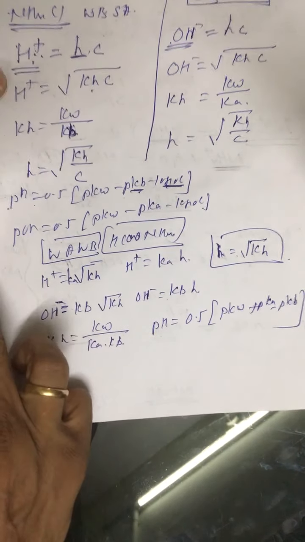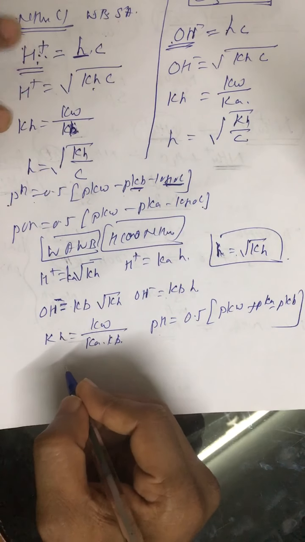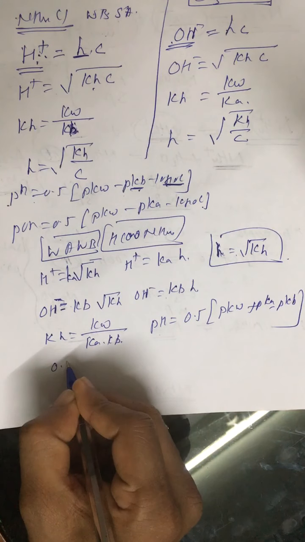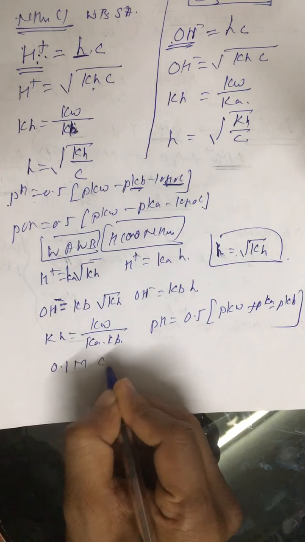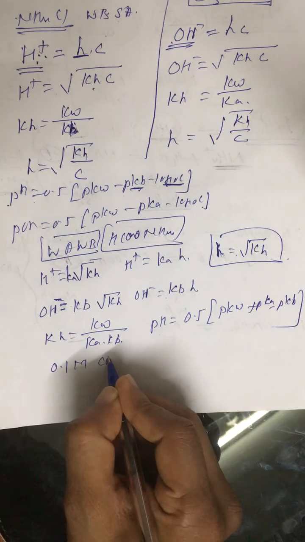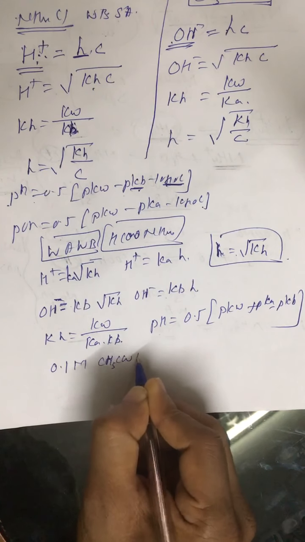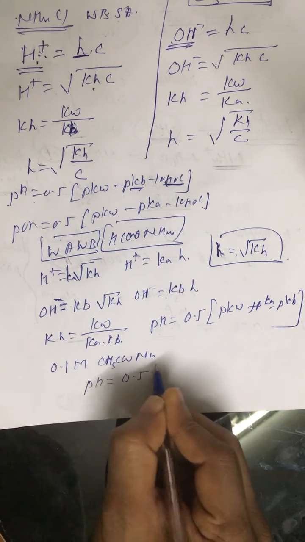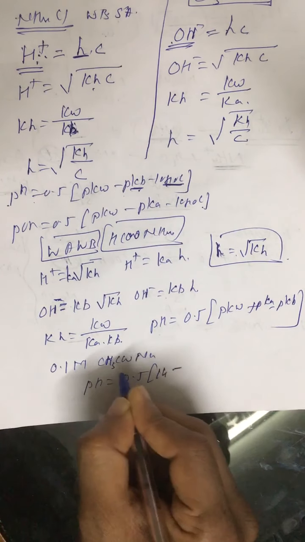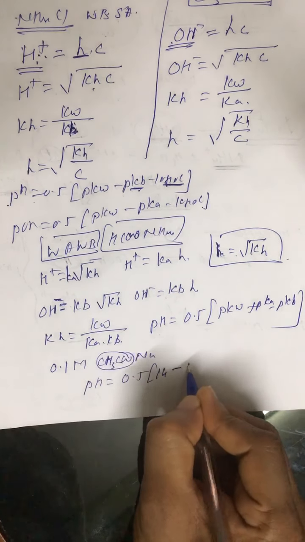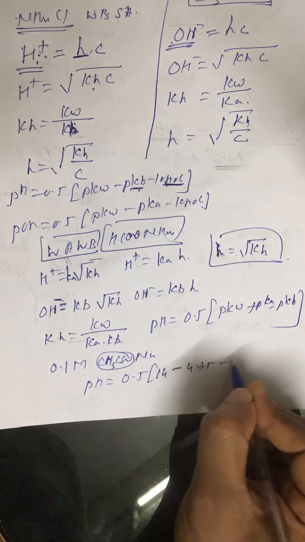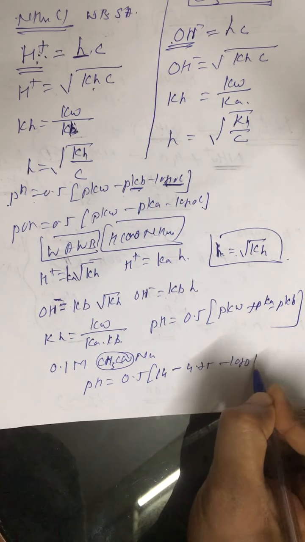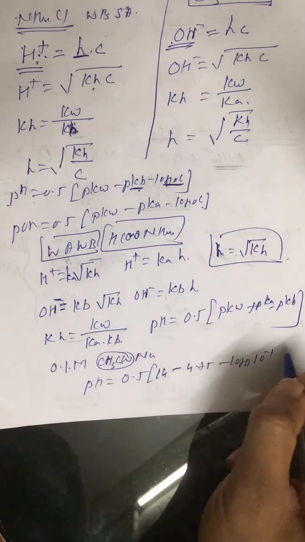Like suppose we are given, calculate the pH of 0.1 molar sodium acetate, or sodium acetate CH3COONa. So it is pOH equal to 0.5, pKw is 14 minus pKa, I told you for acetic acid 4.75, minus log of 10 raised to power minus 1, this is the concentration.